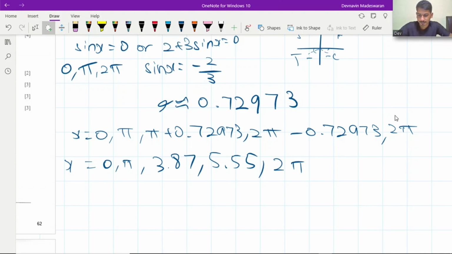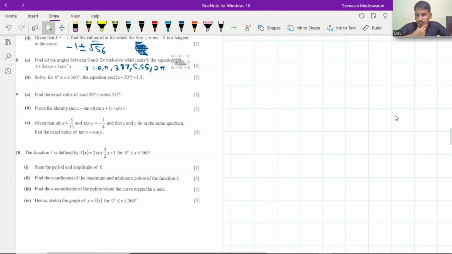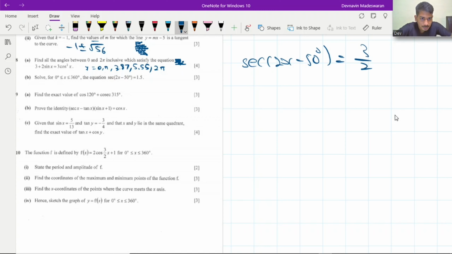I will move them, and then I have to solve for part B. You need to solve for x in the equation. Secant is just 1 over cosine, so I can rearrange this. Secant of 2x minus 50 degrees is equal to 3 over 2, so cosine of 2x minus 50 degrees is just going to be 2 over 3.